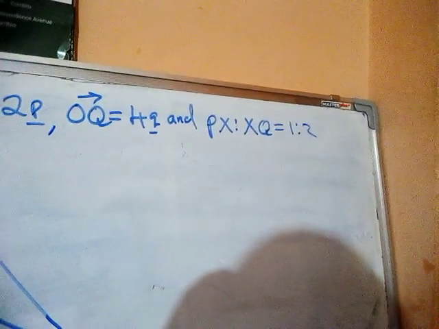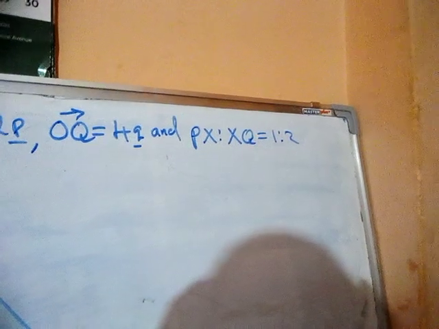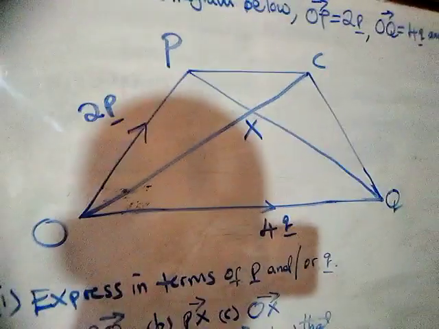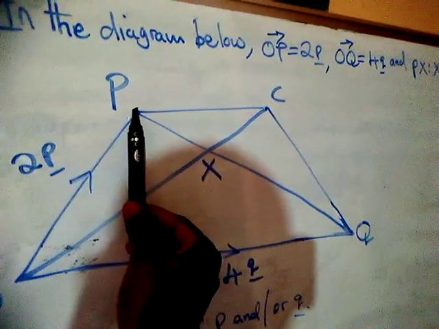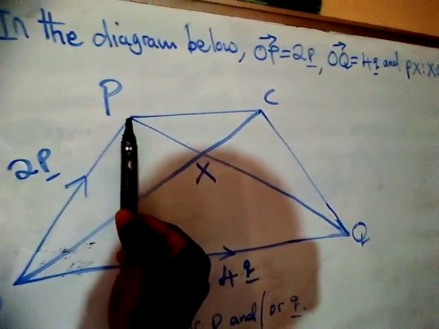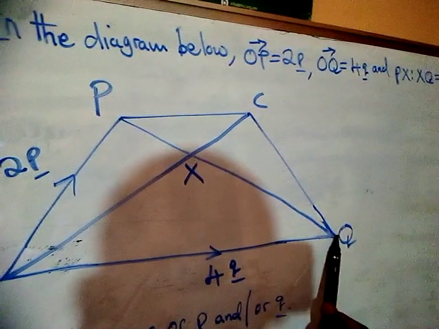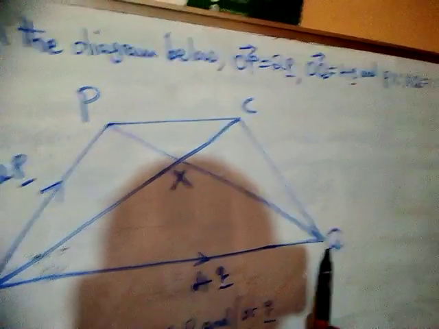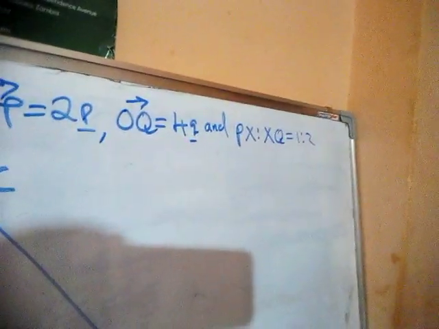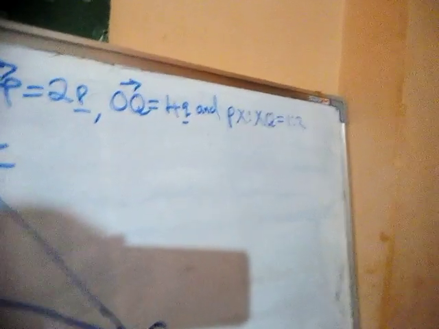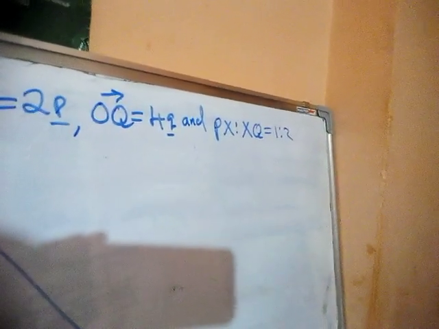So the ratio of the line PQ, observe. In the diagram, we're able to see that this line PQ is actually in the ratio of PX to XQ, and we're told it's 1 to 2.